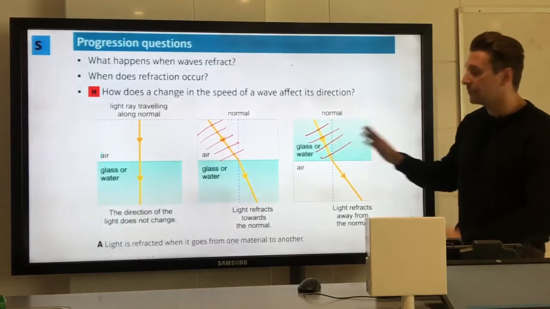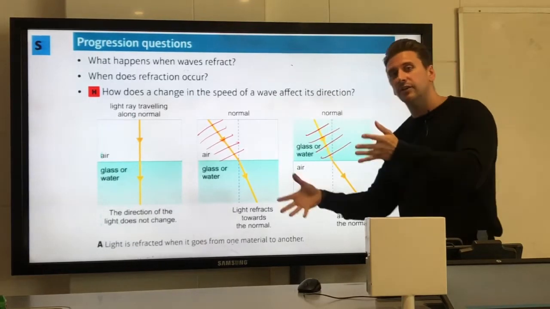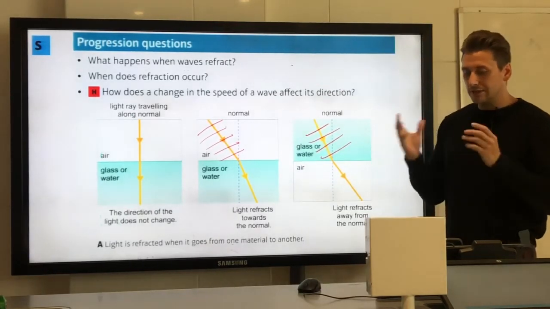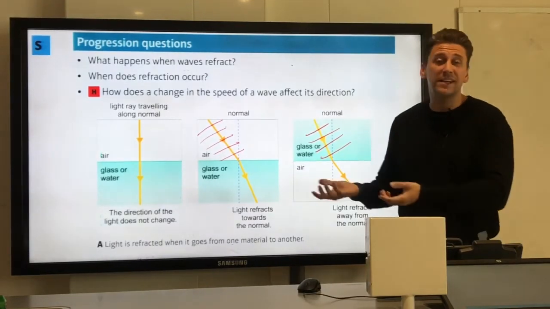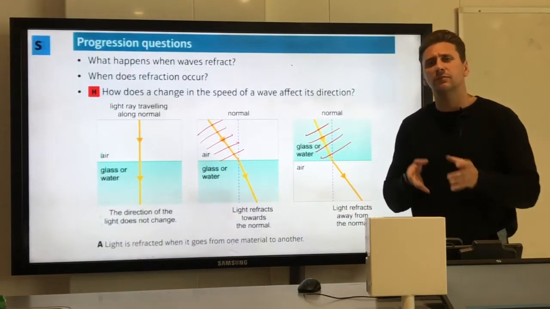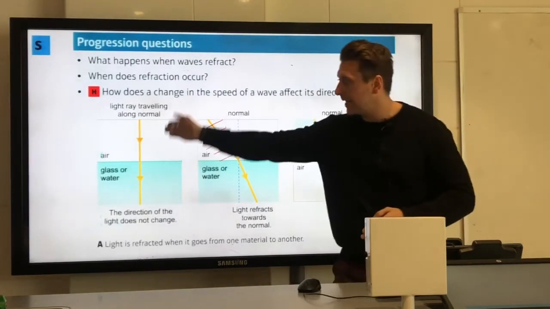So if it speeds up first, it turns away from the normal. But if it slows down first, then the other side turns it towards the normal. So that is the explanation as to why light, or why waves in general, change their direction when they cross a boundary, and it has to happen at an angle, it will not happen if they come in.